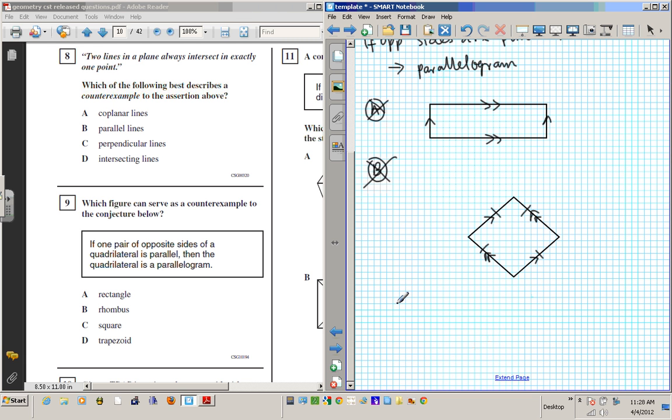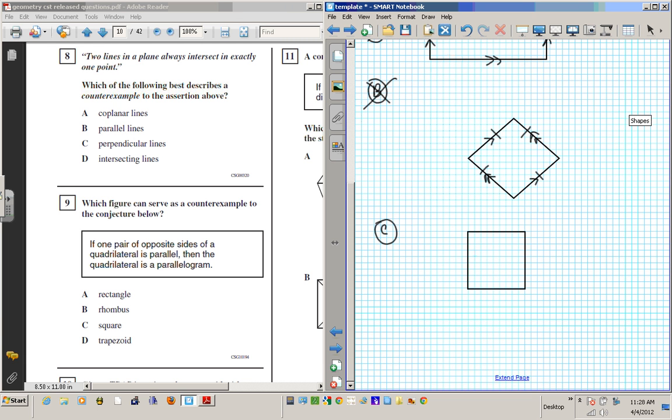Alright, let's take a look at C, a square. What is a square? A square is a special case of a rhombus, because in a square the diagonals are perpendicular, but in a rhombus the diagonals do not always have to be perpendicular.